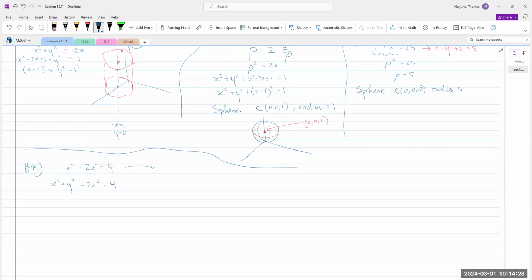This one here will give us, I believe, a hyperboloid, right? This is what it looks like in 2 dimensions. If this is r and this is z, it will give us a hyperbola. But then if I spin it around the z axis, it will give us a hyperboloid of one sheet.